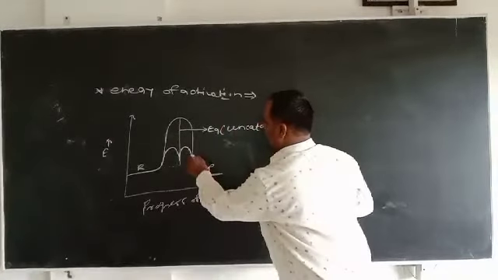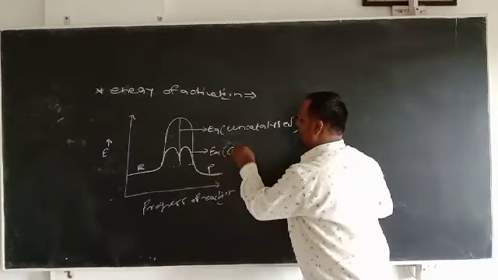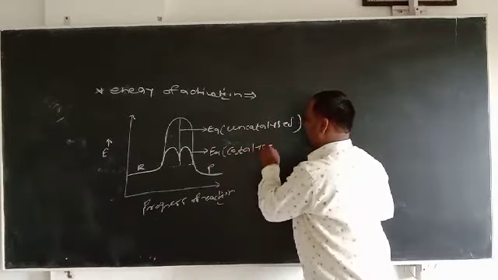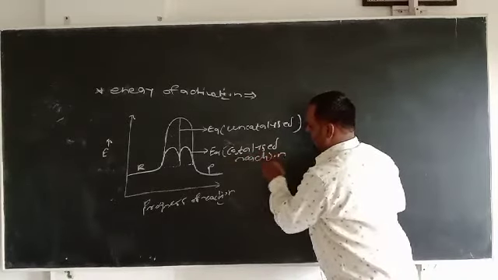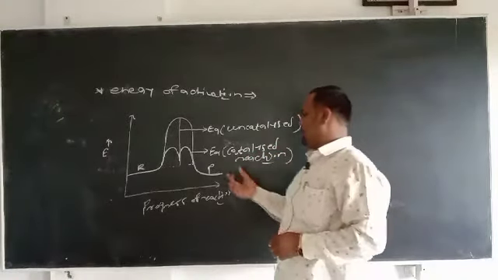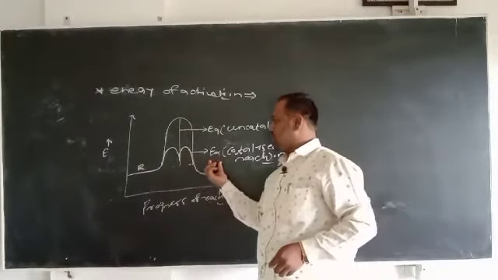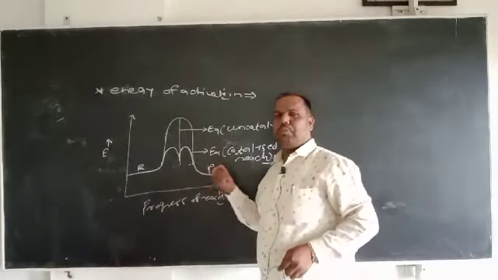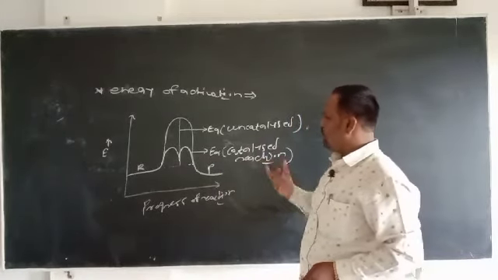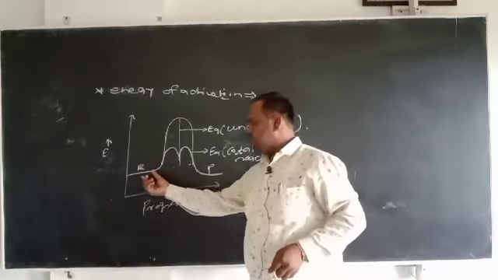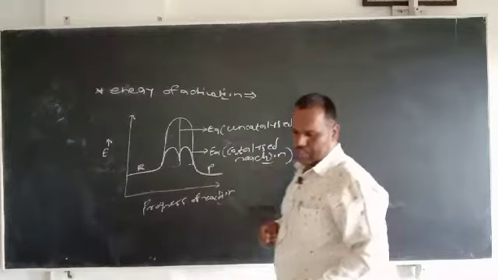This is the curve for the catalyzed reaction, the energy of activation for this catalyzed reaction. If we see the difference between uncatalyzed and catalyzed reaction, the energy of activation is very low in presence of a catalyst. So this is also an important feature of any catalyst. A catalyst decreases the energy of activation which is required to convert the reactant into the product.